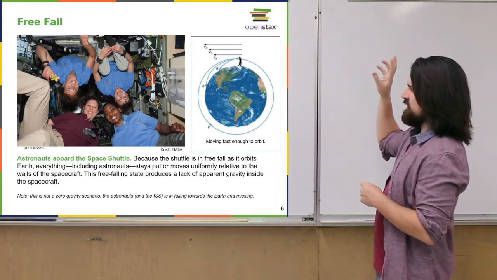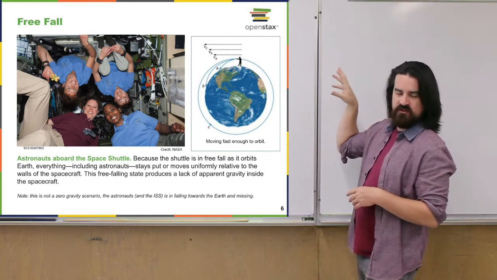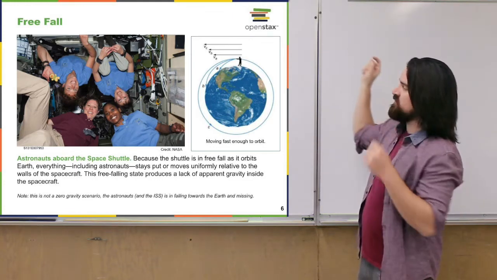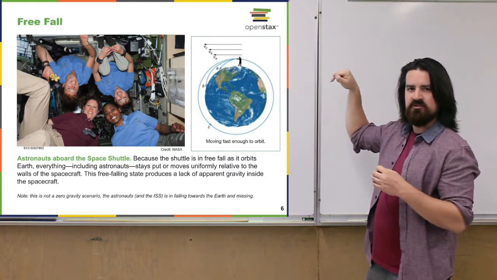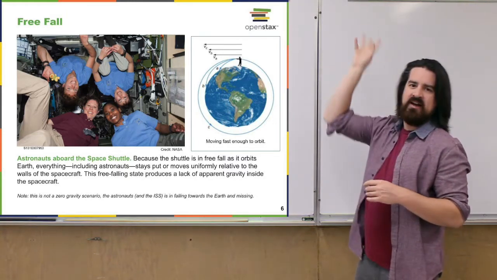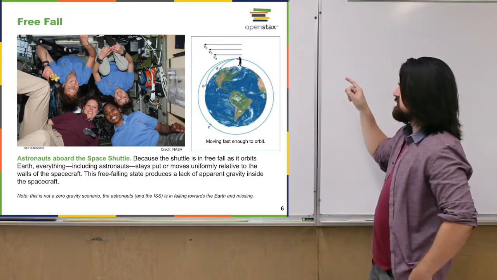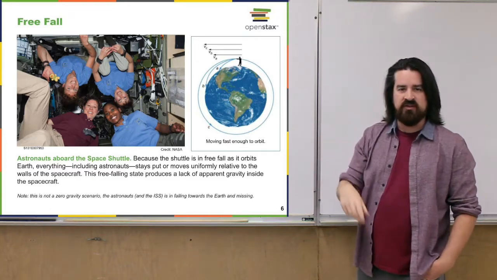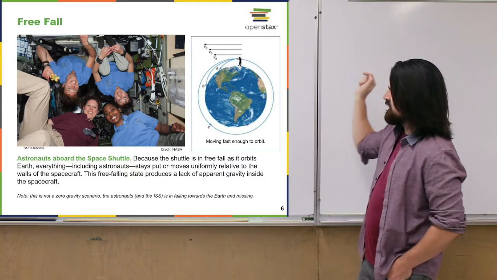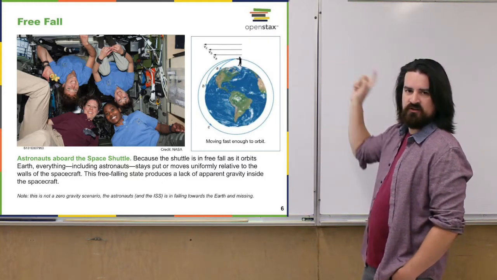So I remind you that in order to orbit the Earth, an object needs to be moving at least, I think it was like 8 kilometers per second. So way back when I told you about orbits, I showed you this picture where you think about throwing something horizontally on Earth, and the faster you throw it, the further it goes, right?